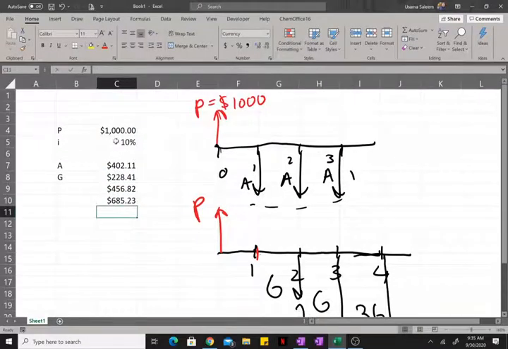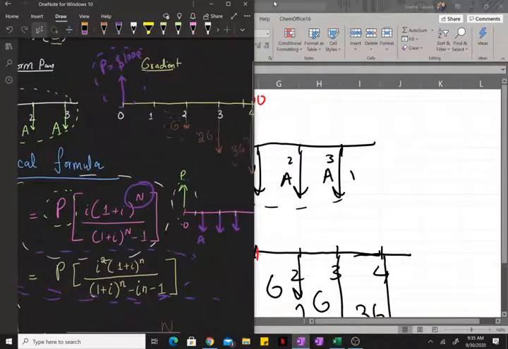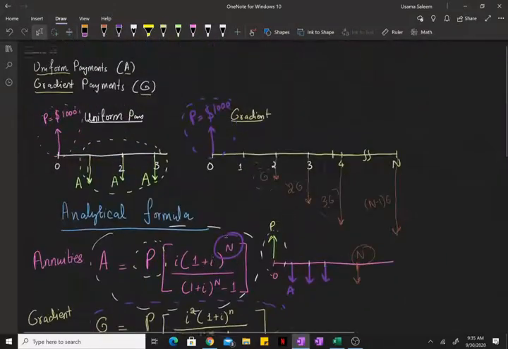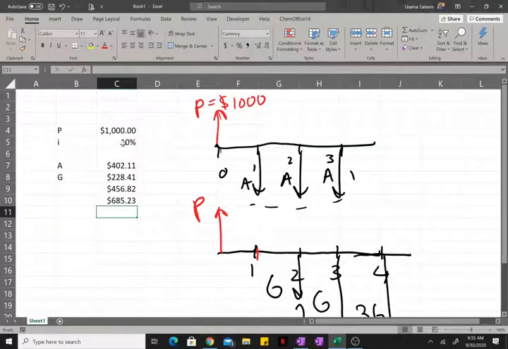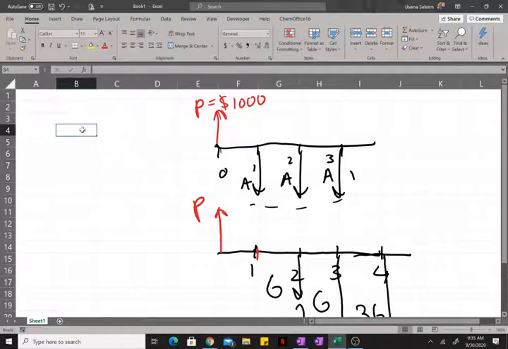So this solution was demonstrated by just plugging and chugging the analytical formulas that you'll be presented in your textbook. Now, I personally prefer to solve these problems by balancing out cash flows manually, because it gives me more control over how I manipulate my cash flows.